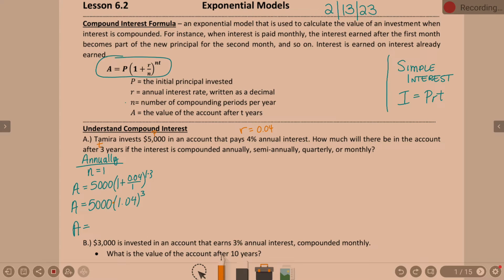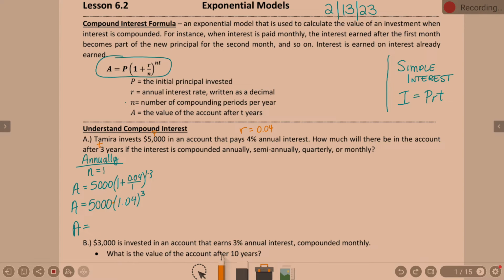And so you might need to do the exponent first and then multiply by the 5,000 later. So, for instance, I could put this in as 1.04 raised to the third.